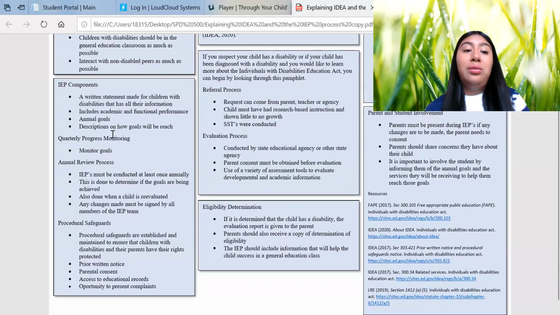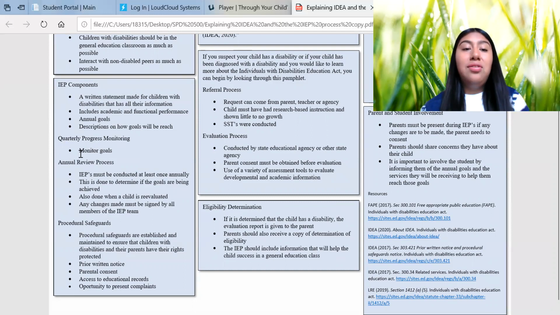The IEP is a written statement for children with disabilities that has all of their information, and this can include anything academic, behavioral, goals, services. In this IEP, we also need to make sure that it is being monitored. For example, the goals, are they being met?